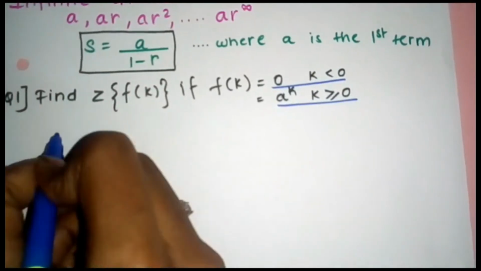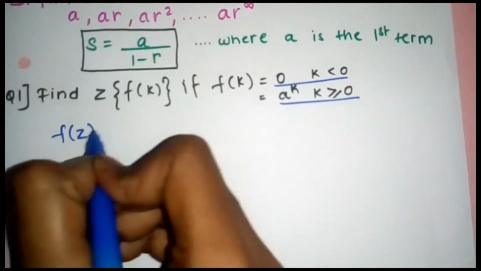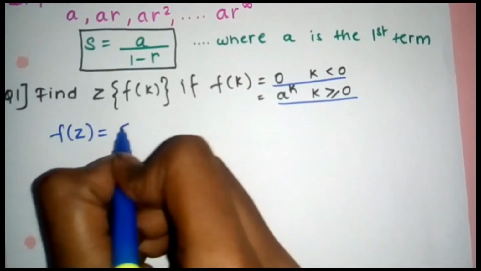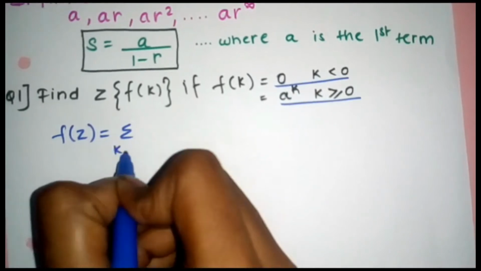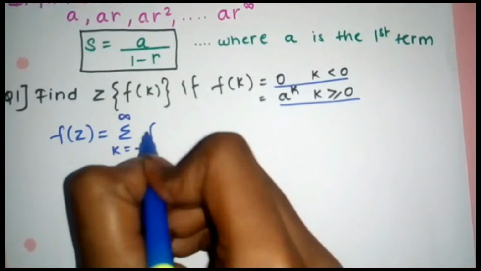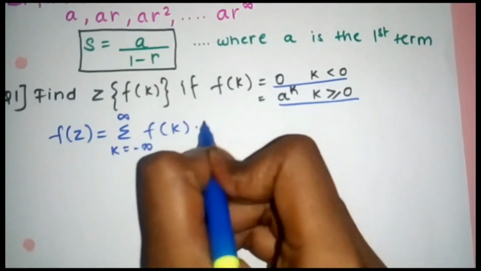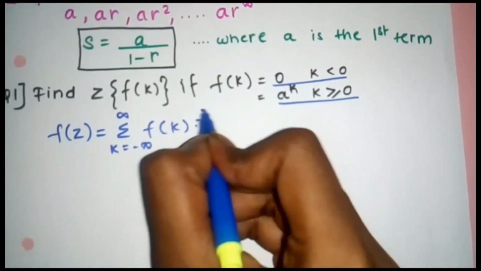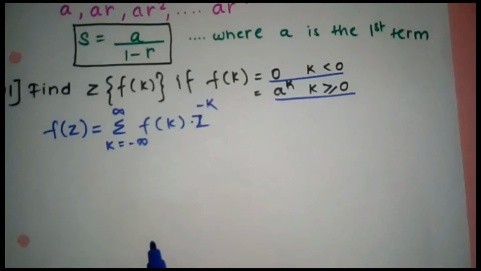So now we'll write the general format. F of z is equal to summation of k is equal to minus infinity to infinity f of k into z raised to minus k. Now we'll take 0 first.